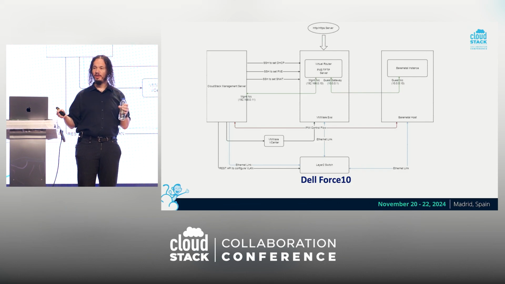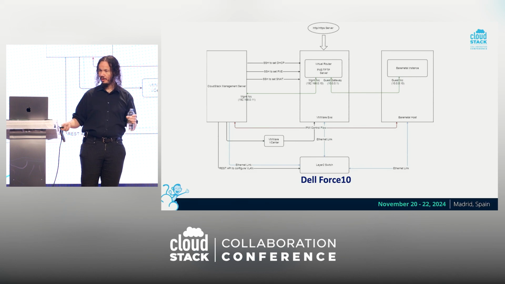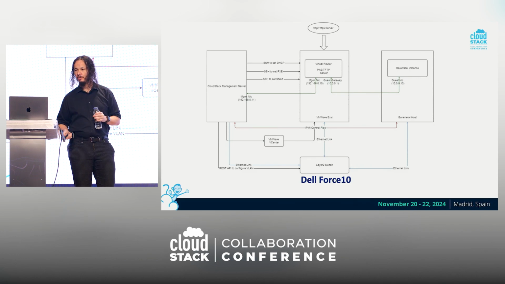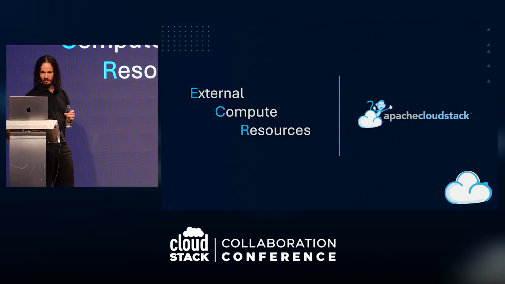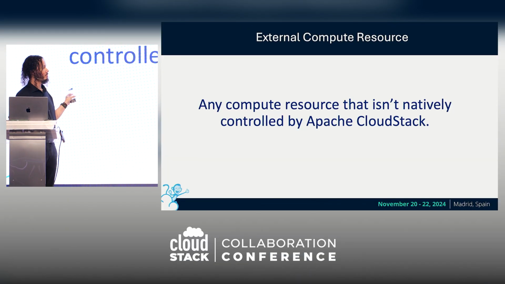So we thought of ways of how to connect CloudStack to their pipeline, and came up with this feature. First of all, let me explain what an external compute resource is. It's simply any compute that isn't natively controlled by CloudStack.